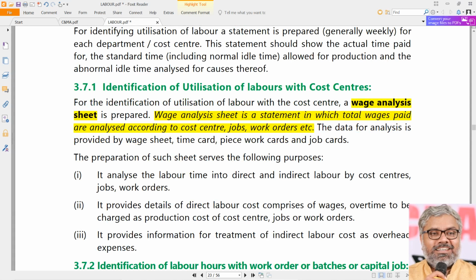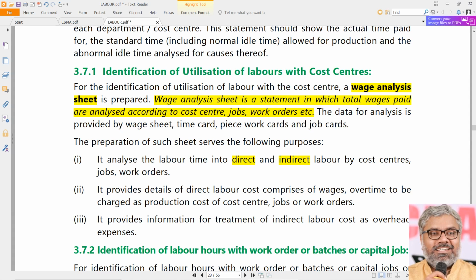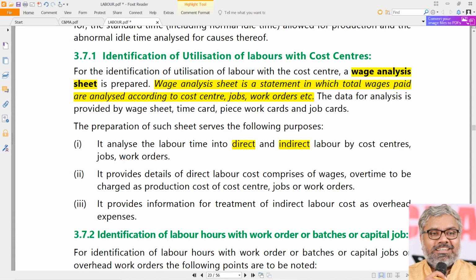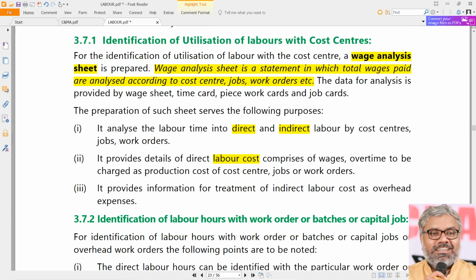and out of that how much is direct and how much is indirect labor hours that they have really worked, and what is the total labor cost, and how much of that is to be charged to different cost centers, jobs or work orders.